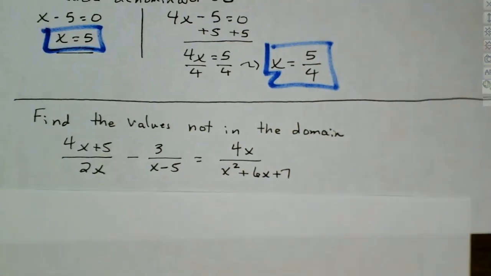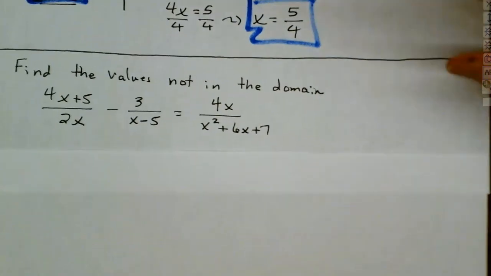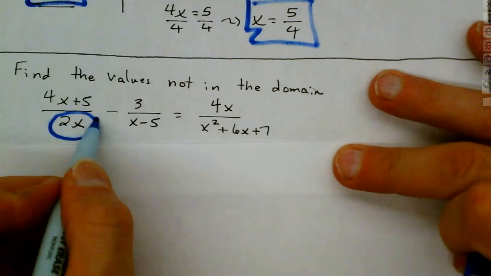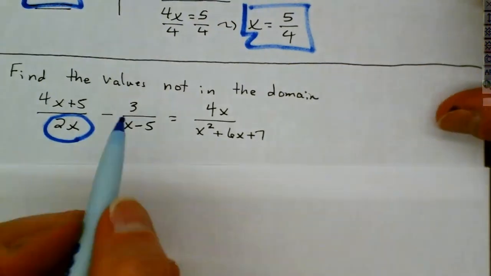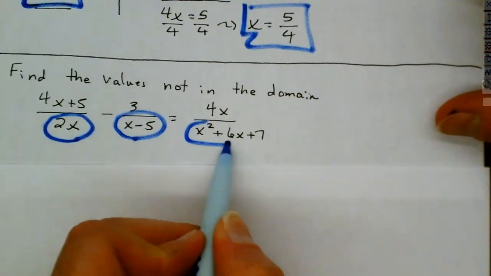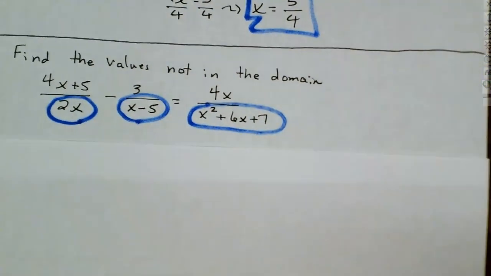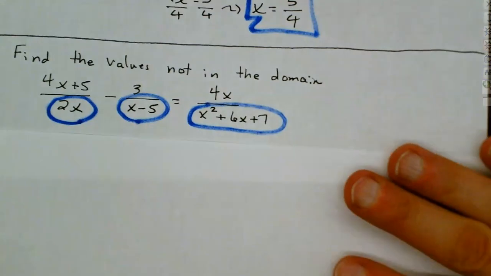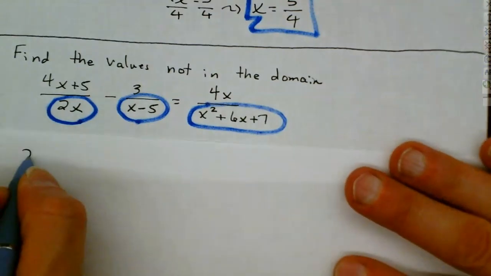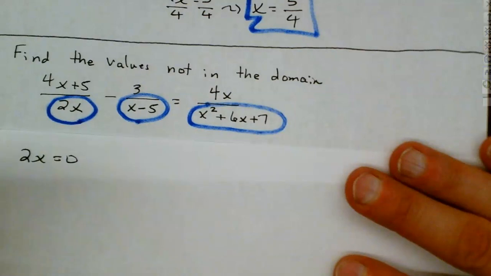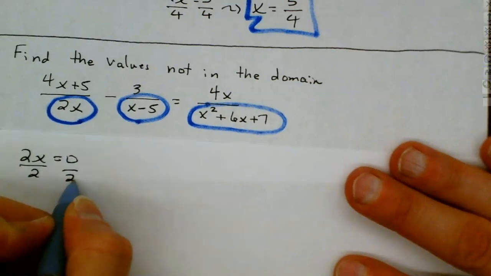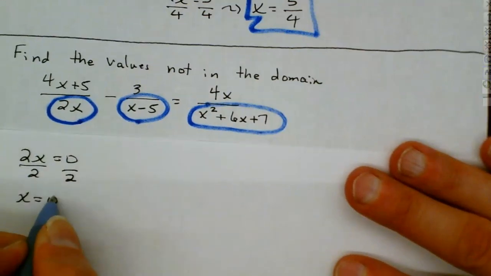So we set each denominator to 0. Here's our denominators. I do not care at all about the numerators. So it does not matter what the numerator is. That's irrelevant. All I worry about is my denominator. So what do we have? We have 2x equals 0. So divide by your 2. 0 absorbs it.